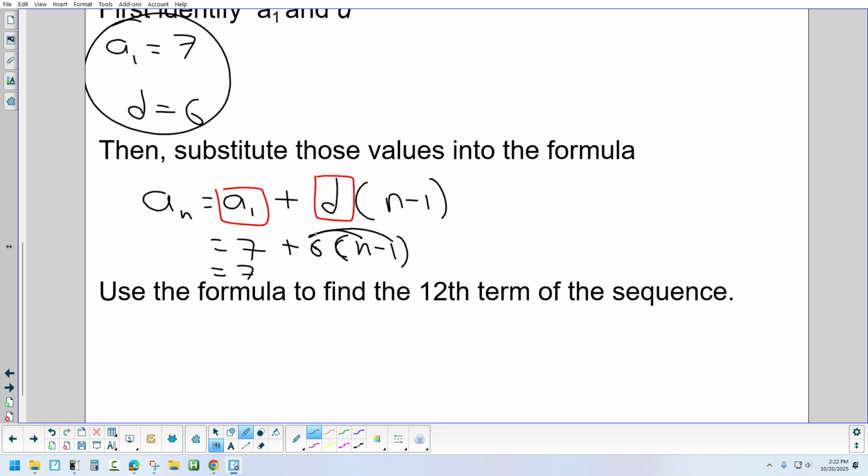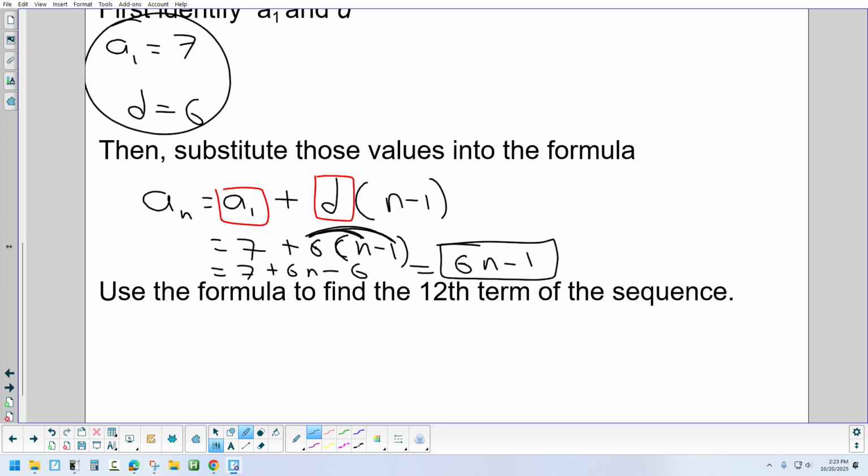How would we write 6 times n? 6n, good. And what about 6 times negative 1? Negative 6. And Miriam, when I combine my like terms, what's 7 minus 6? 1.